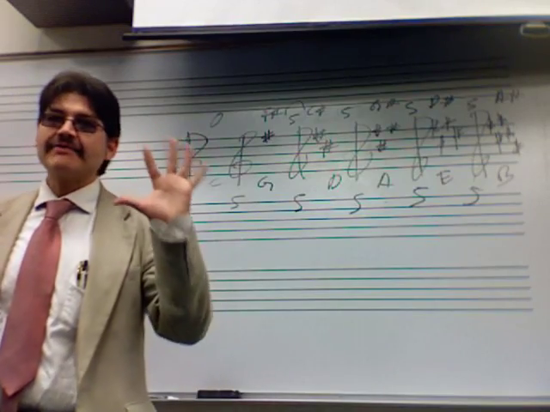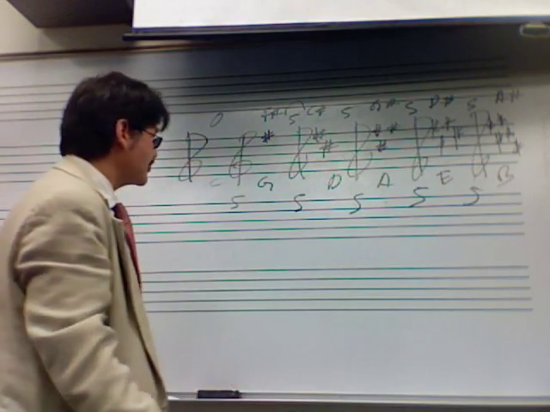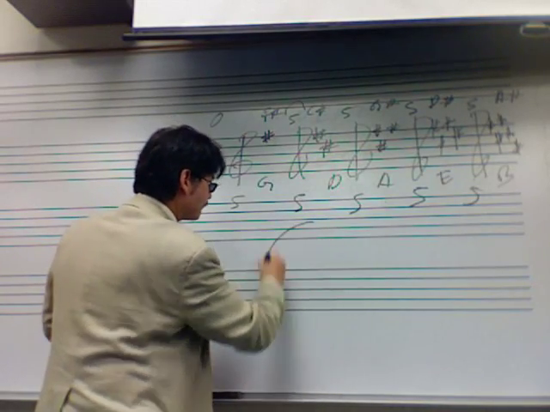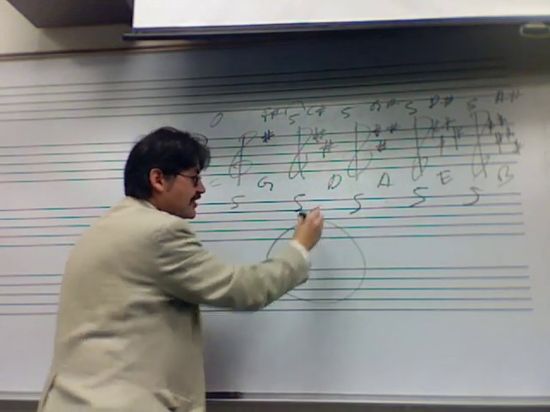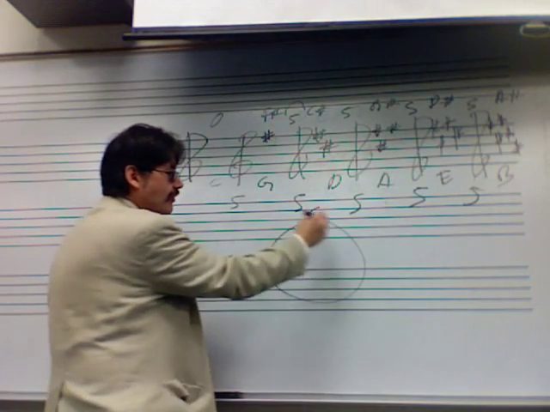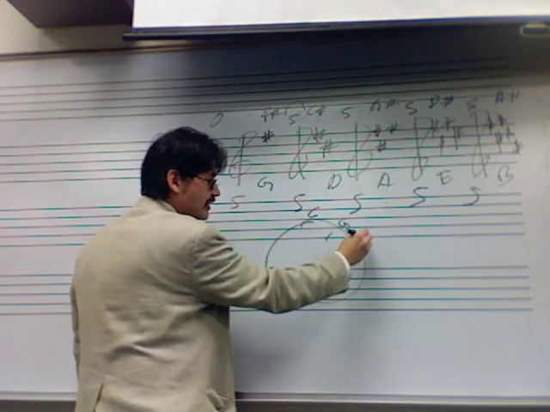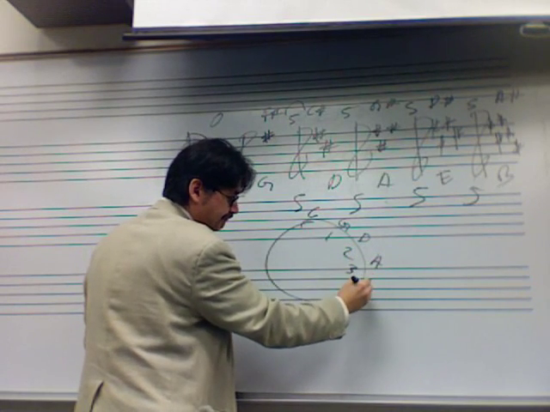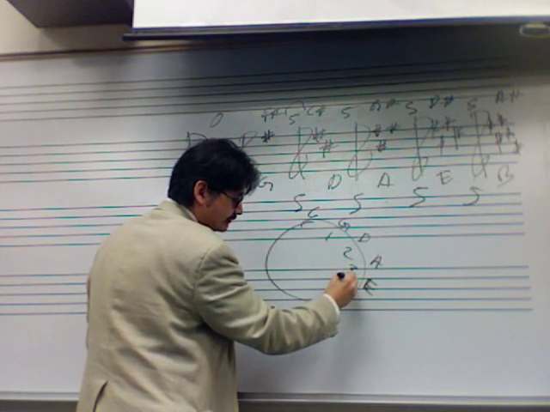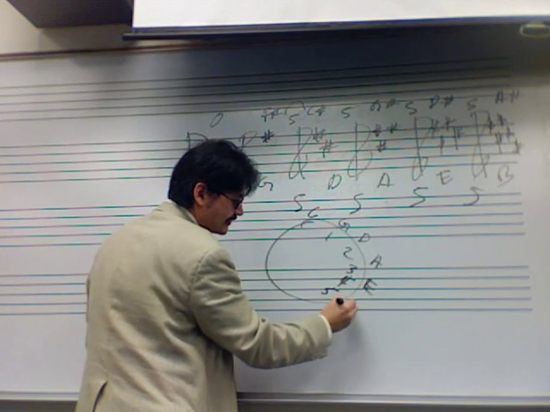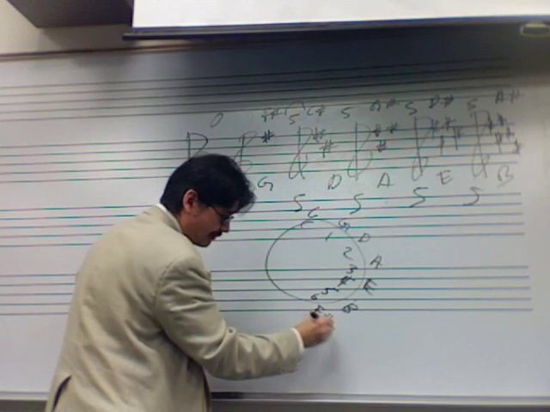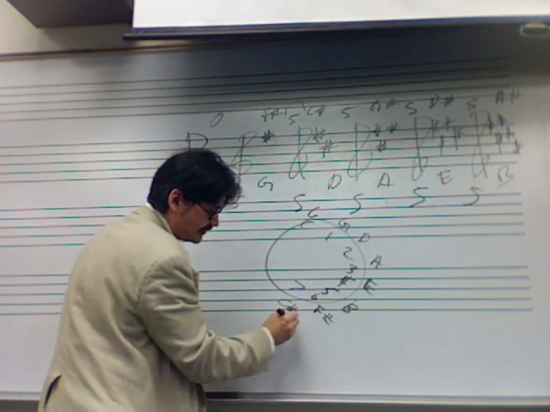So if you remember 5, that's one reason why they have that circle of fifths that they talk about. If I draw a circle, C's at 12 o'clock, and I just go down a line. Well, 1 sharp is G, 2 sharps is D, 3 sharps is A, 4 sharps is E, 5 sharps is B, 6 sharps is F sharp, 7 sharps is C sharp.